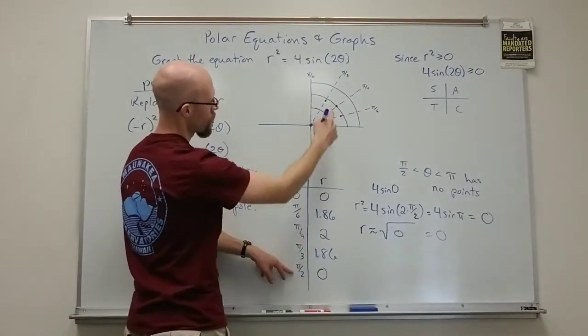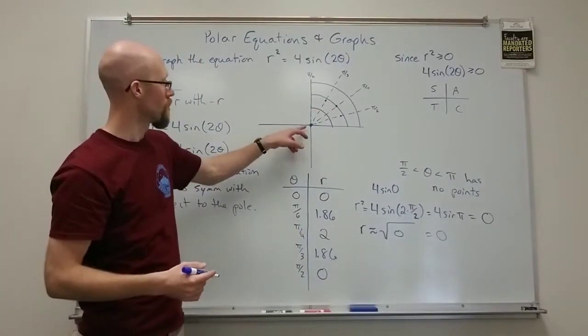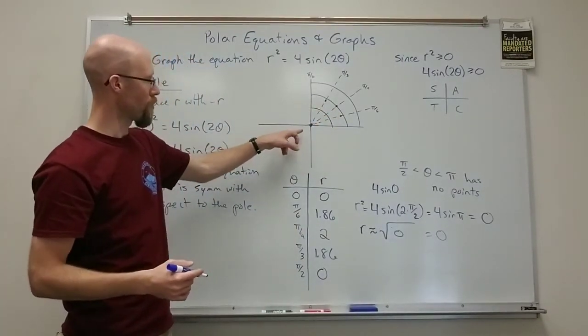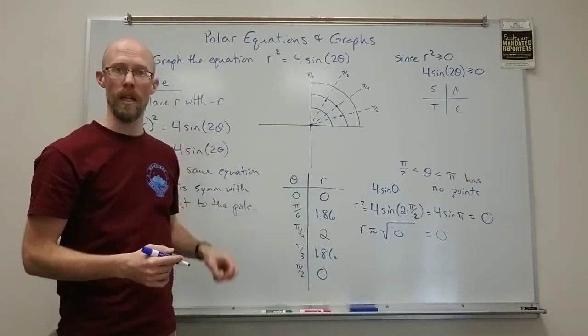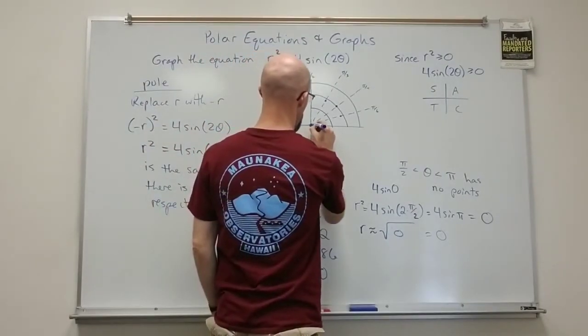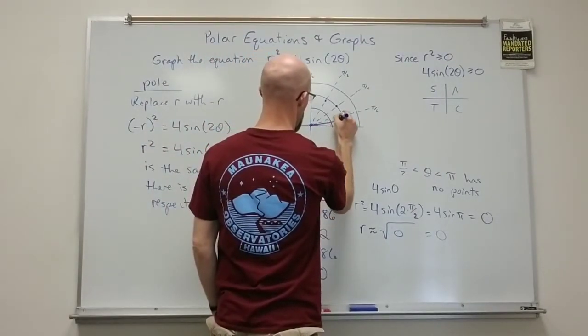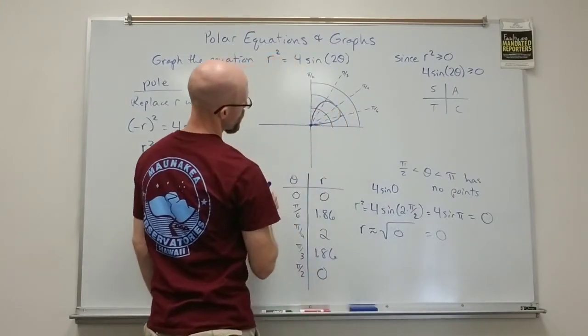And then at pi over 2, we get 0 again. So if I wanted to plot out, sort of loop that around from 0 out and back to 0 again, I connect them with a smooth curve. I should get something that looks like that.